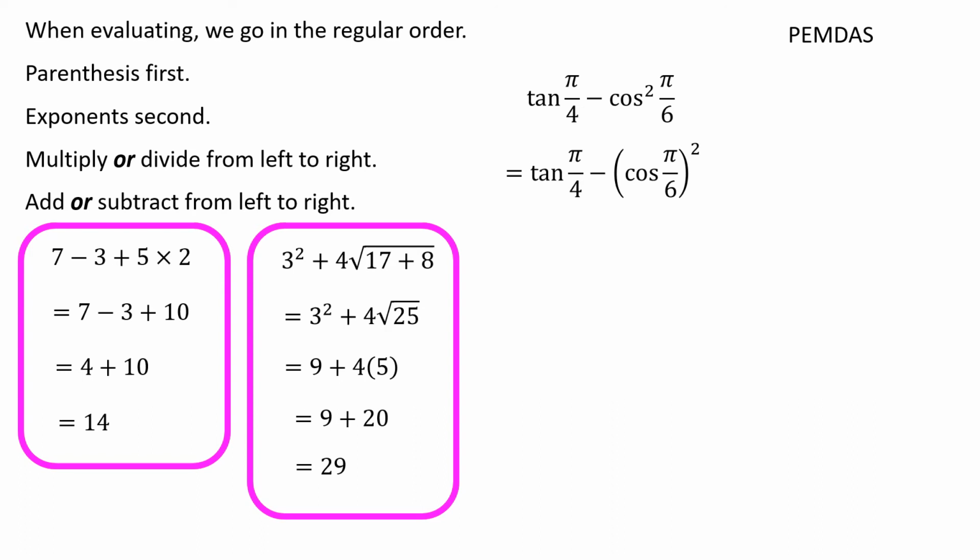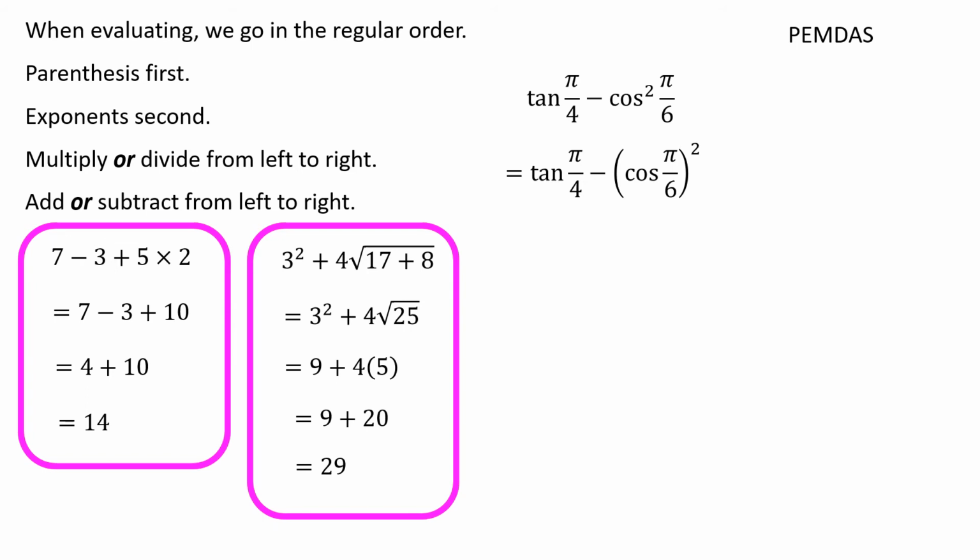Now, there's not much going on inside of them. In fact, I don't even understand what numbers I'm working with. So let's figure out tangent of pi over 4, and let's figure out cosine of pi over 6, so we can get some numbers in here. Tangent of pi over 4, of course, that's a 45-degree angle. Opposite over adjacent is going to have a ratio of 1, because opposite and adjacent sides of a 45-45-90 triangle will be identical.